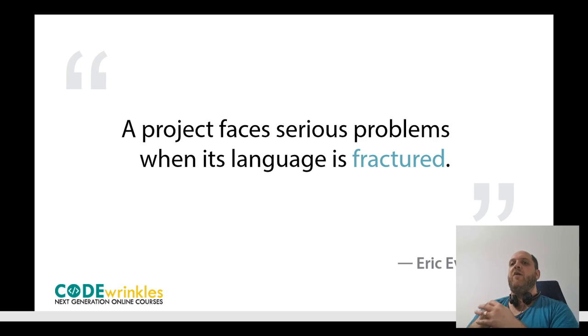that we would have to pay really, really close attention to this type of speech. Because by the time the language becomes fractured, the project will face very, very big problems. For instance, you have one of these meetings where, as I said, there are also the domain experts, and you as a developer maybe say something like, when this is deleted. But then the domain expert thinks about deleted in a different way.